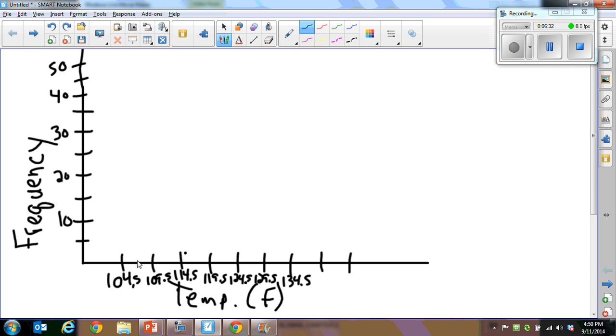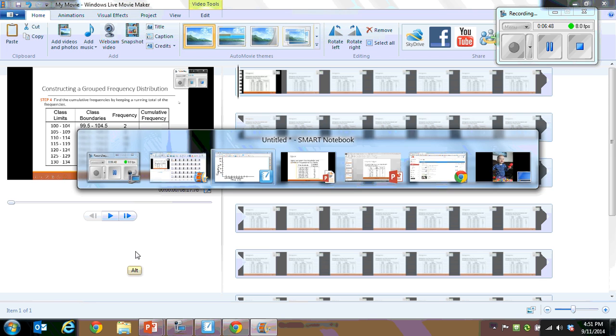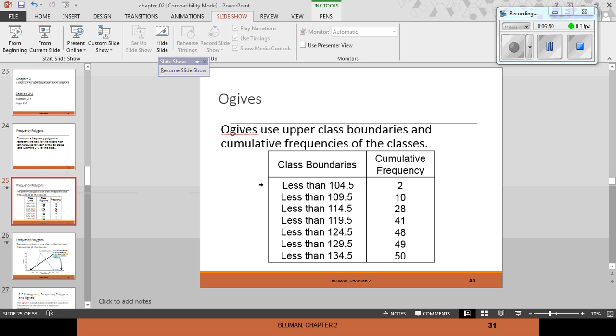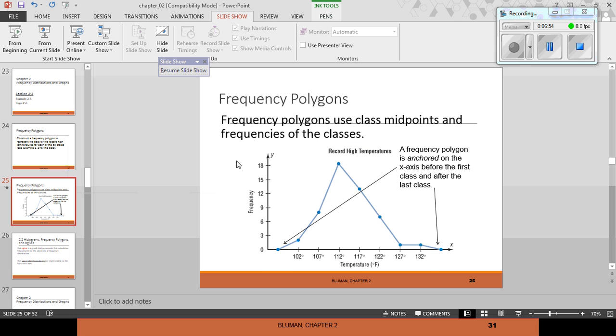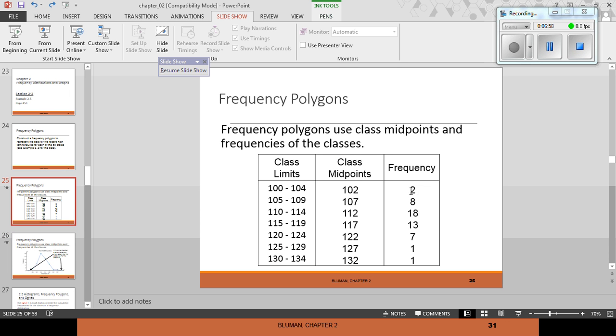So how many were at or below 104.5? There were 2. So I'm looking at 2 is approximately right there. And again, where I'm getting these numbers is right here. There were 2 in that class.